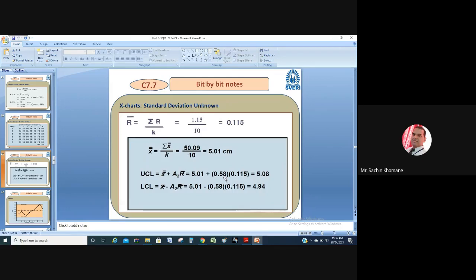Now we are ready with UCL and LCL. Just I have given two samples: how to calculate this UCL and LCL when you know the standard deviation and when you don't know the standard deviation. Ready? Now we have to draw this graph.